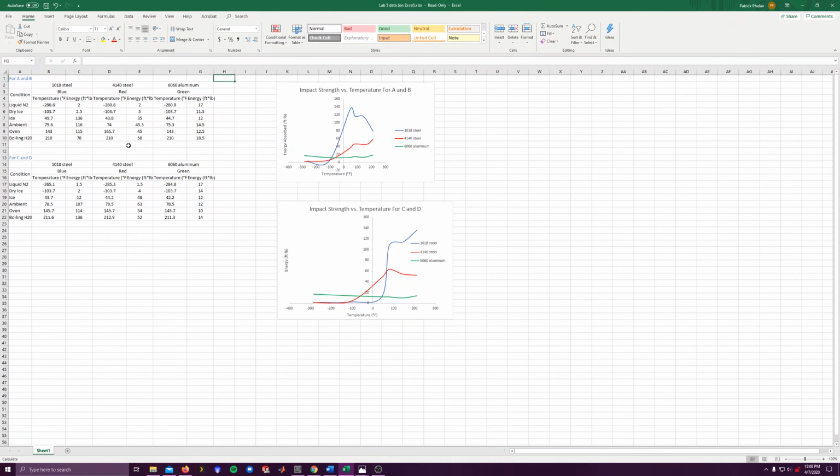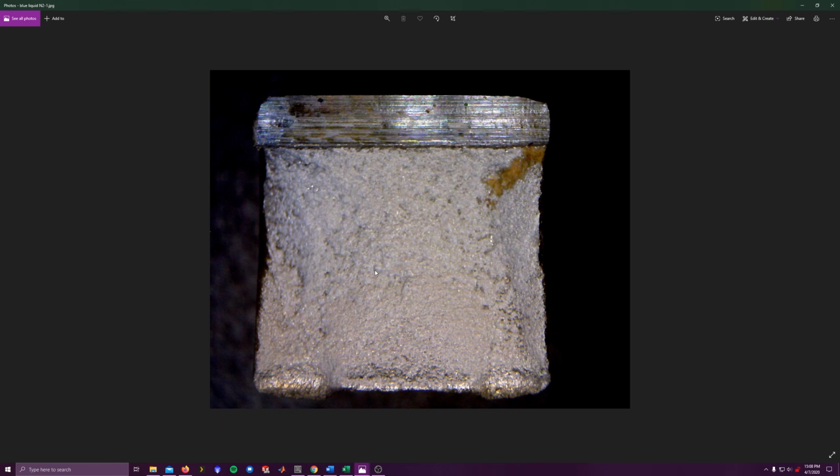So the red steel was also fracturing, or absorbing, the same amount of energy as the 1018 steel. So it should have a similar fracture appearance as this sample here. Although again, we should see a more clean cut surface here. And I'll be supplying you with photos from another data set as well.